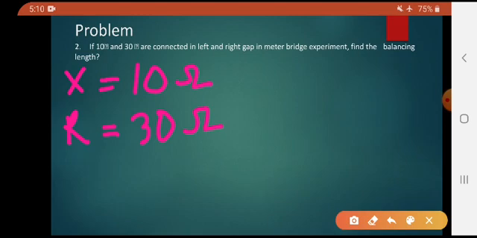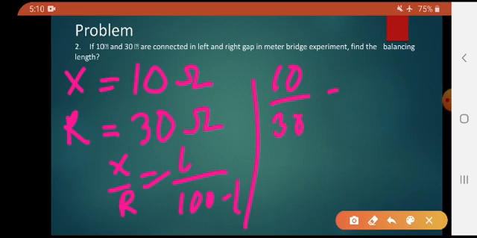Now what is the formula for the balancing length of the meter bridge? X by R equals L by 100 minus L. So what is X? 10 by 30 equals L by 100 minus L. So 1 by 3.